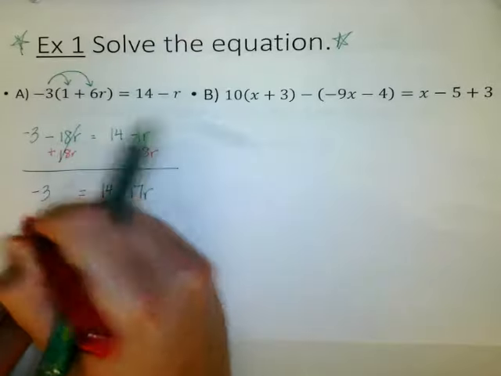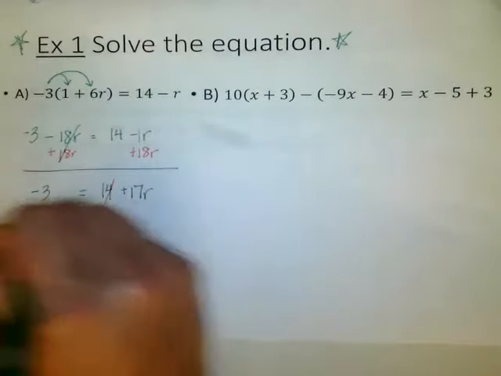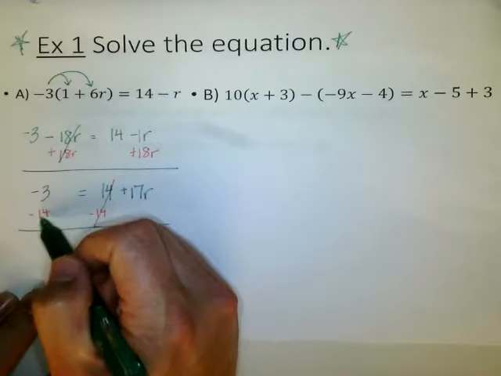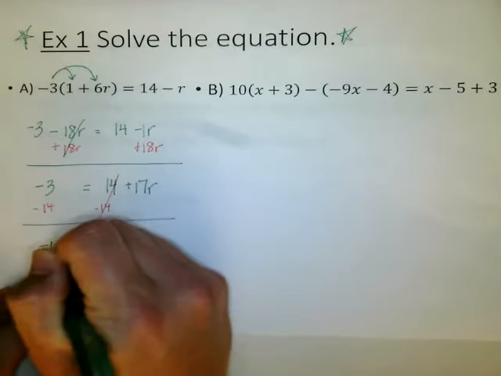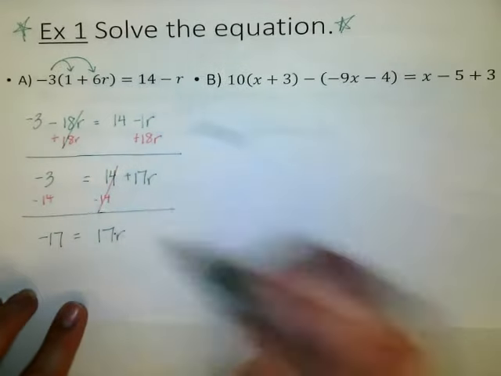Subtract 14, subtract 14. So positive 14 and negative 14 go away. Negative 3 and a negative 14 is negative 17 equals 17 times r. And how do we get r by itself?